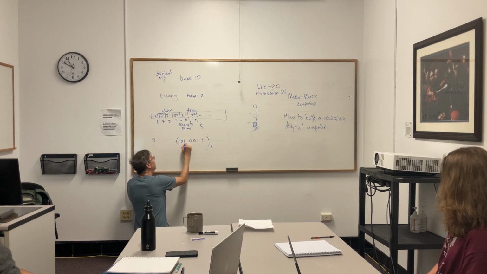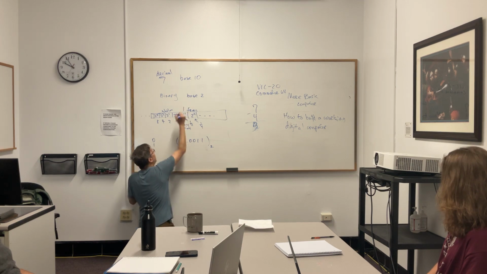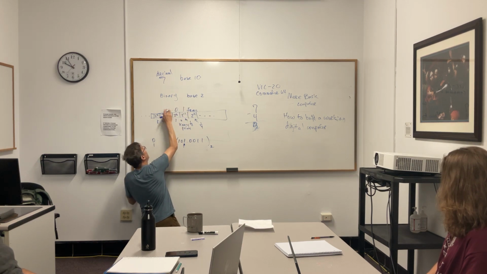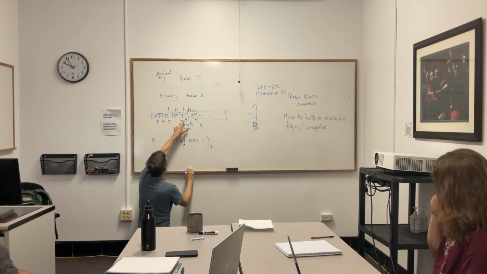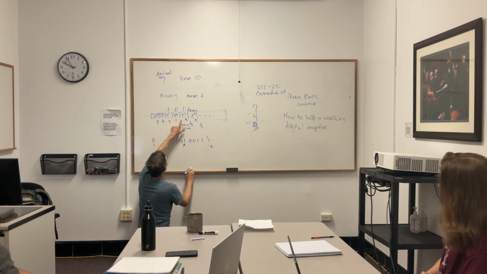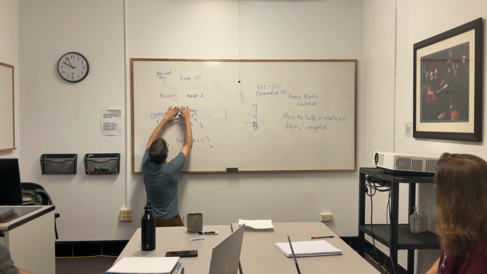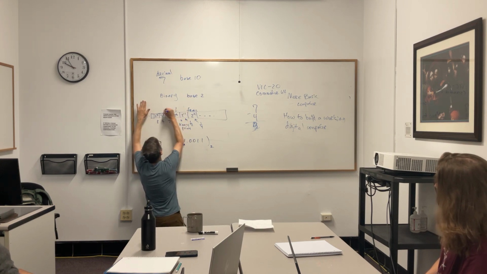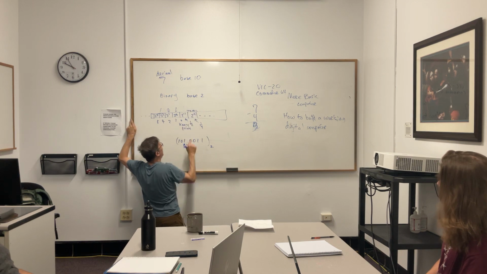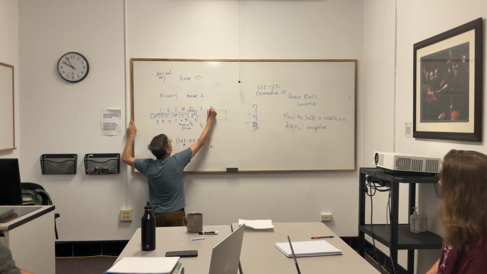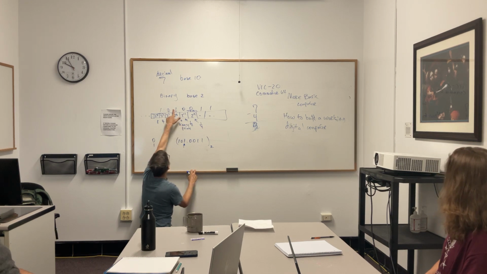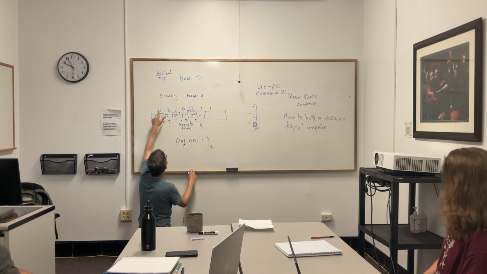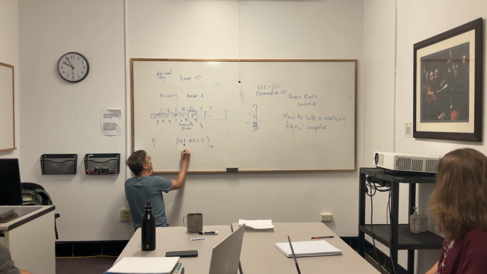So this is 1 here, 0 here, and 1 here, which means I've got 1, 1, no 2s, and 1, 4. So this thing here is actually 5.